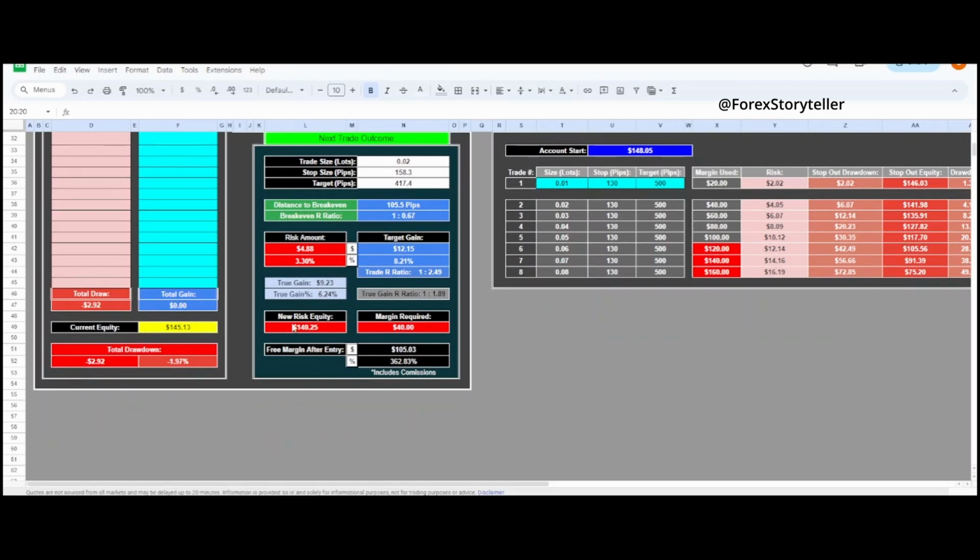Now down here, it'll show you what the equity is if I lose this trade. So I'm looking at 145.13 right now as the current equity. If I get stopped out with those parameters, my account would then be at 140.25. That's commission included. And this is showing the margin required if I were to open that 0.02.